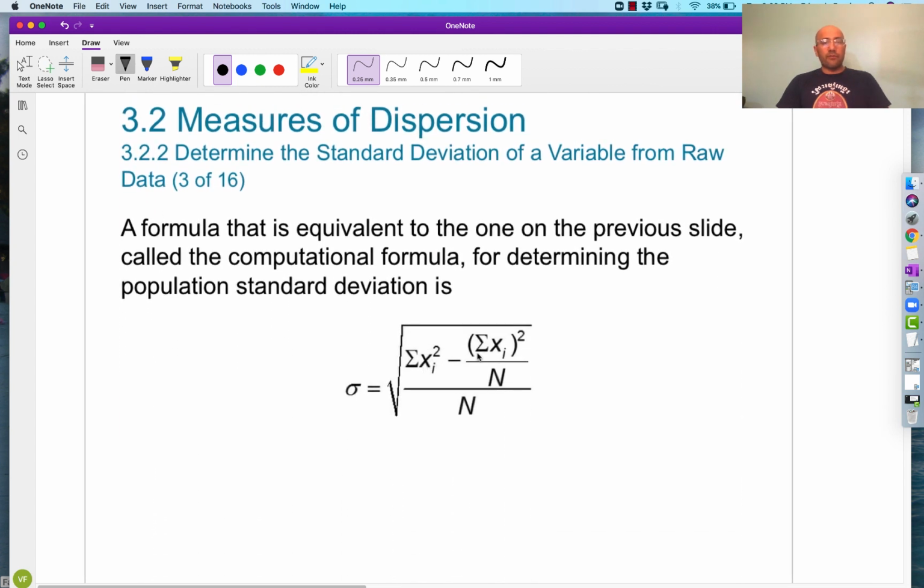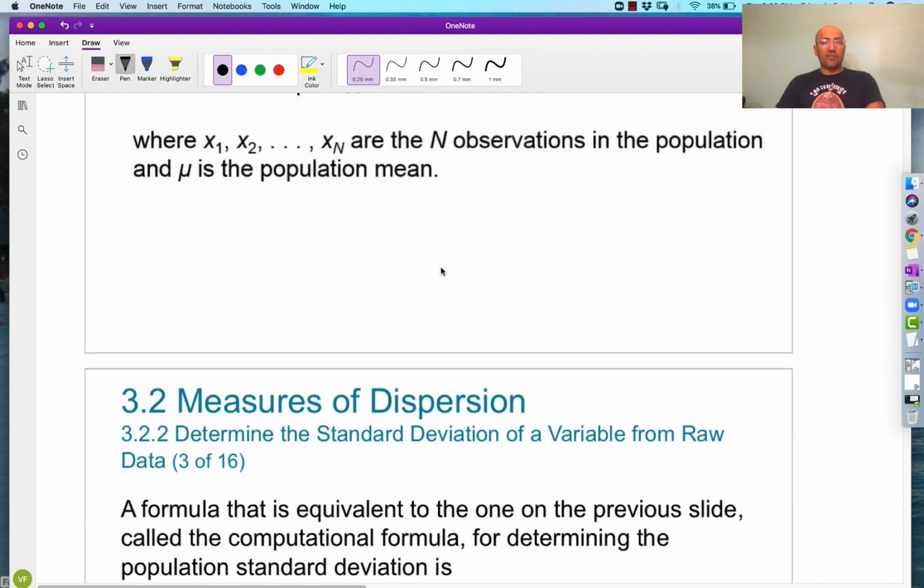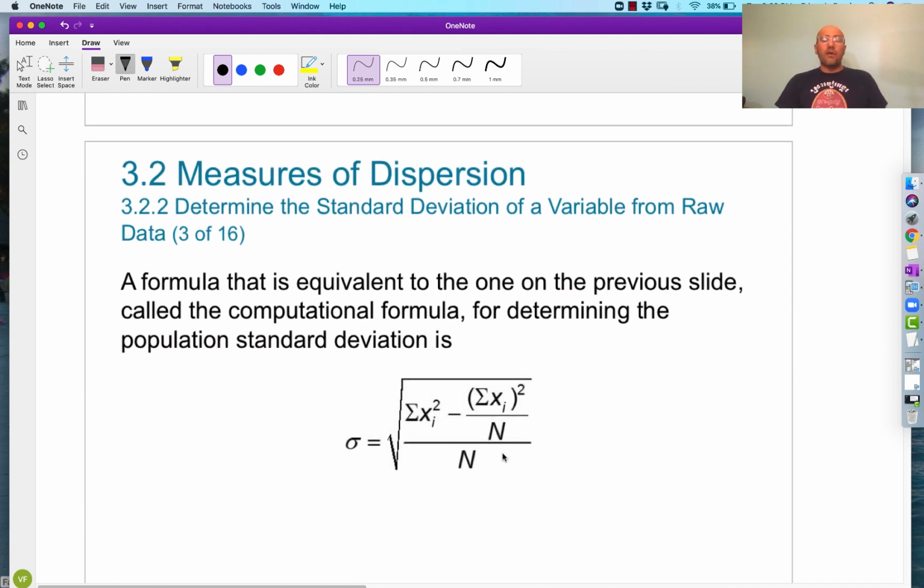The book covers this. This is a shortcut, an equivalent way of describing it. We can use our awesome algebra skills to confirm that this up here actually equals this.